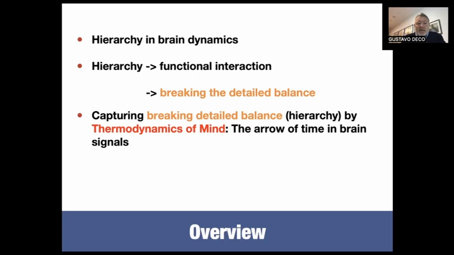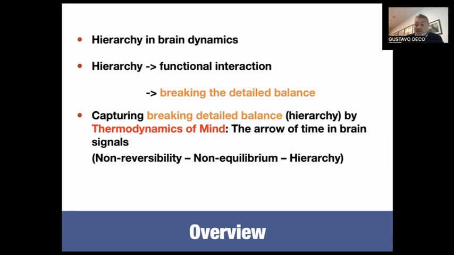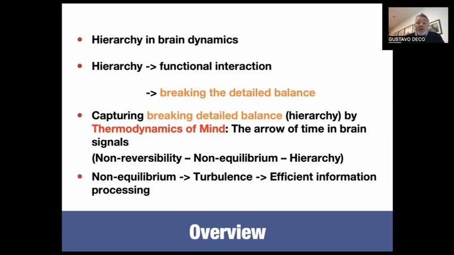And at the very end, I will relate this concept of the arrow of time, of how we assess the breaking of the detailed balance, which is also associated with non-equilibrium, to another feature which is usually concomitant to the non-equilibrium we were characterizing in the first part, namely the fact that in general non-equilibrium is associated with turbulence.